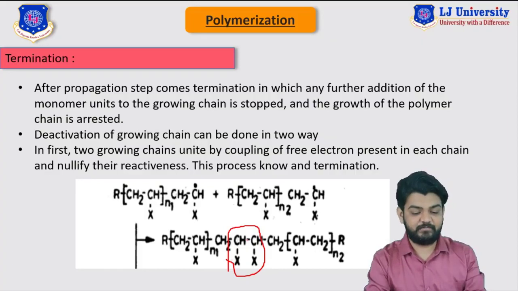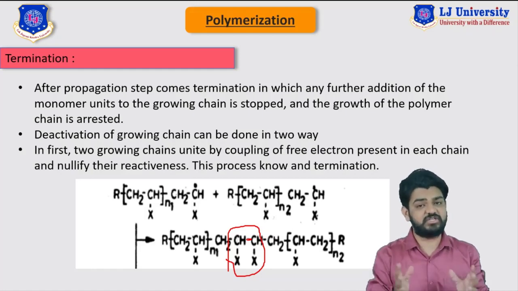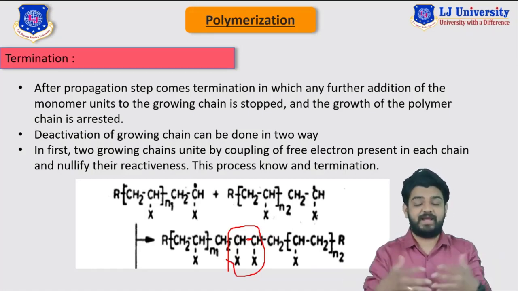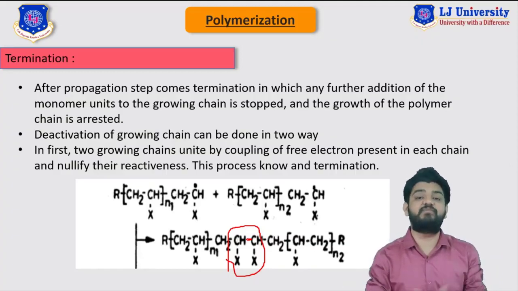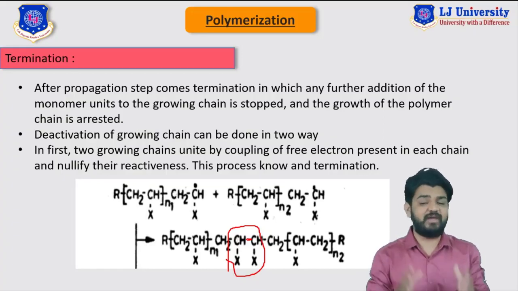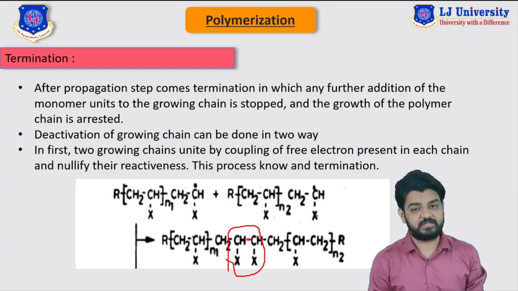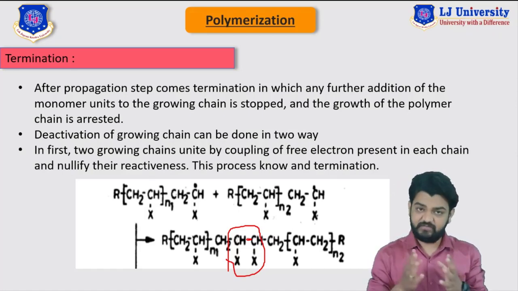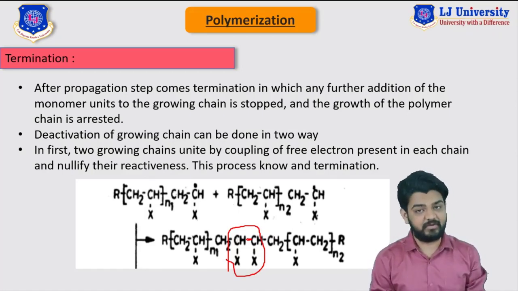Both have joined together with this bond shown by the red line. This is the termination step, in which two growing polymer chains come together and join each other by donating one free radical, or free electron. In this manner, we can arrest and stop the polymerization process. This was the first method by which we can achieve termination.